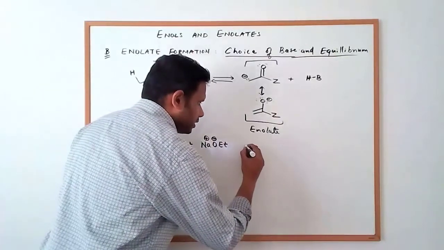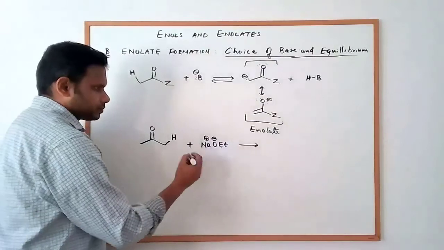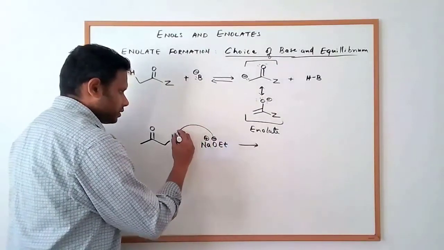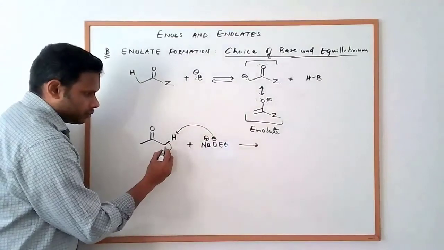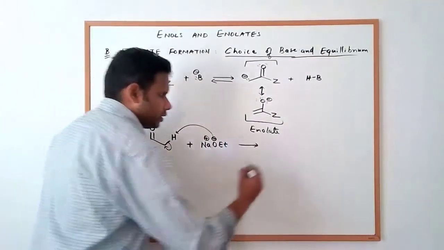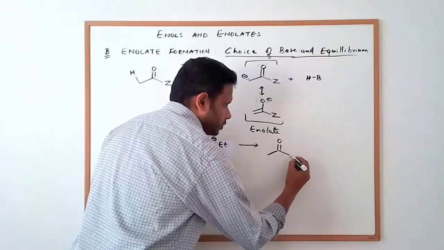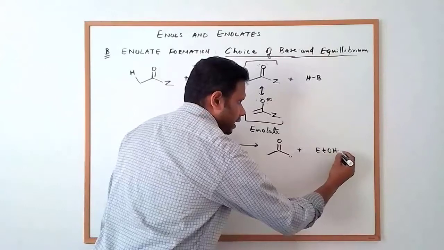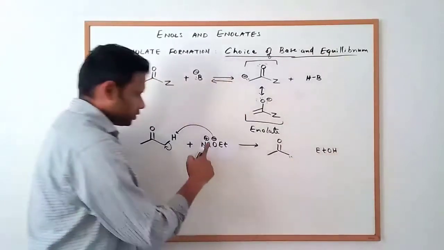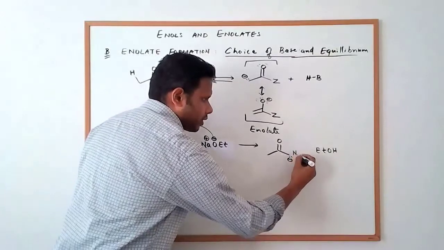Now this acid-base reaction is going to give us, the base is going to deprotonate, and we can put the electrons over here. So it's going to give us the enolate corresponding to acetone, plus it's going to give us ethanol. And the sodium ion here is going to be balancing this positive charge.